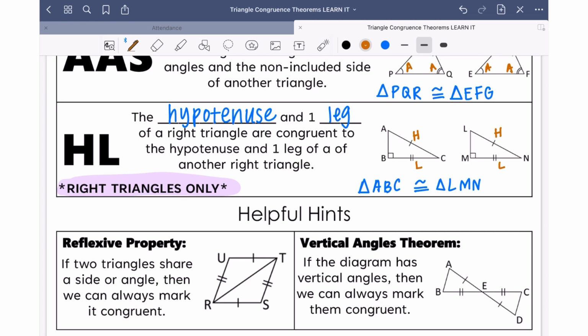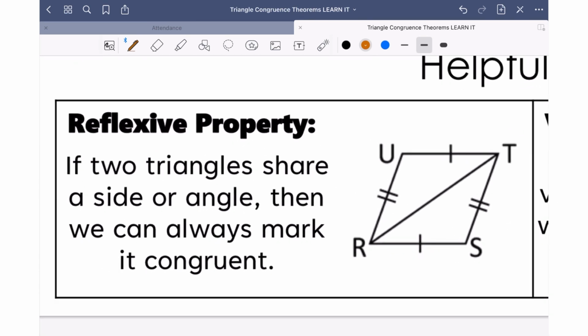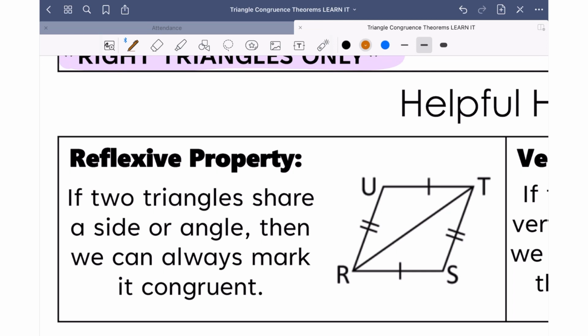Okay, so the first one is the reflexive property, which says that if two triangles share a side or an angle, then we can always mark it congruent. And how do we mark a side that is congruent? Well, they already marked two of the sides here. Let's mark the side that they share. What side do they share? What side length?